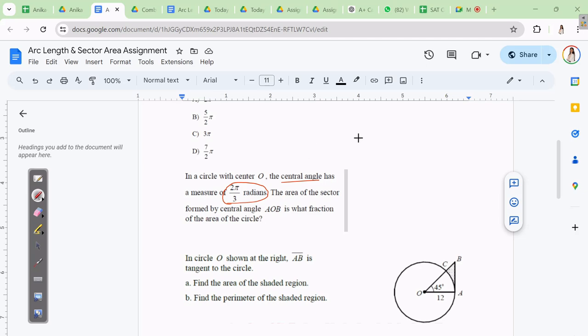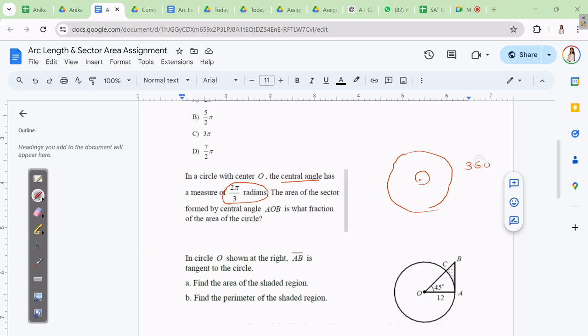For this question, would I have to convert radians to degrees? No, you don't have to convert the radians to degrees. You can take the central angle. So what is the total angle of a circle?